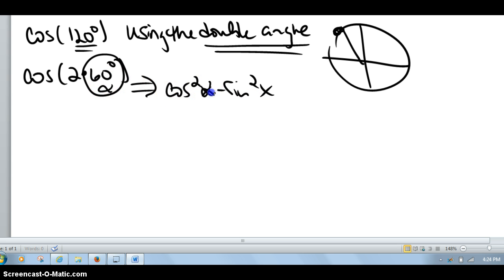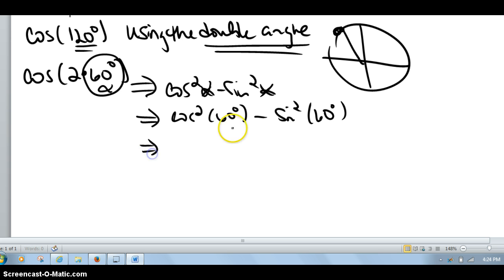All right, so here's my alpha. I get cosine squared of 60 degrees minus sine squared of 60 degrees. People who do reference angles would only know their 30s, 60s, 45s.